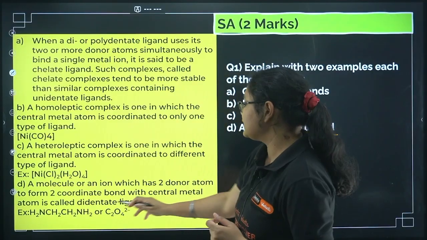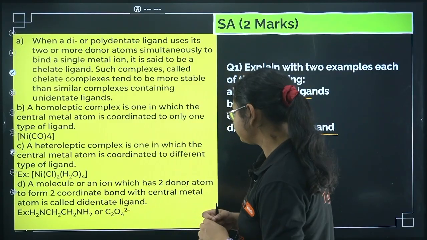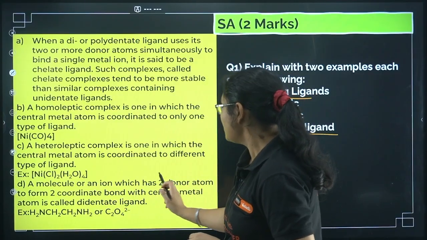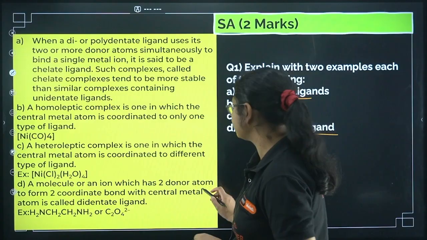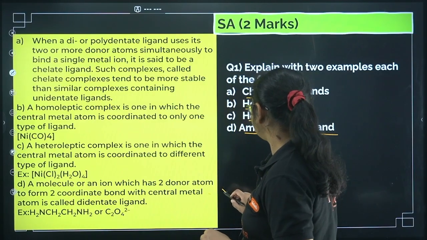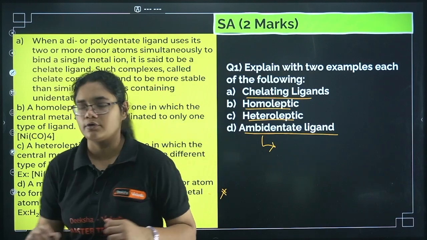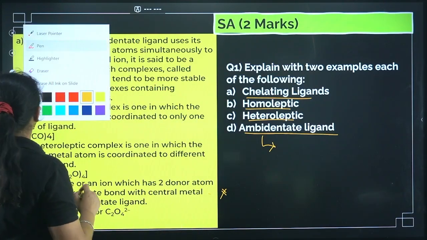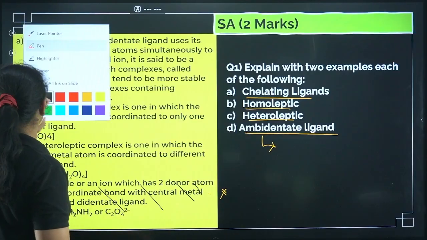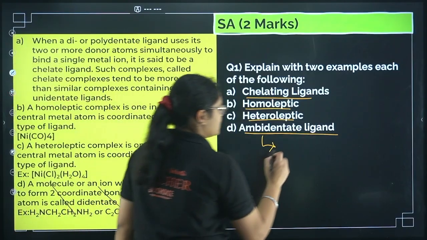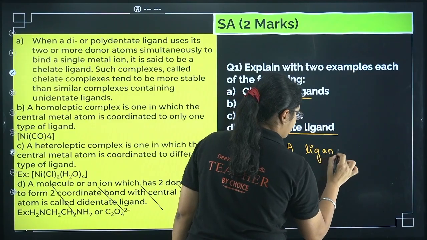Then what is an ambidentate ligand? A ligand which is having 2 types of donor sites. Okay, a molecule or an ion which has 2 donor atoms to form 2 coordinate bonds with the metal, so this is the definition for didentate ligand. Now what is an ambidentate ligand? Let me just note down. I'll cross this one. Okay, so how can we explain an ambidentate ligand?